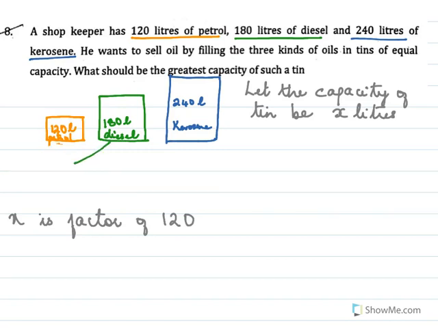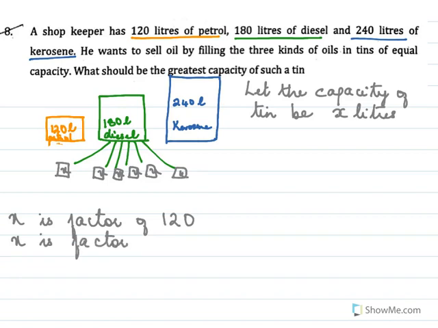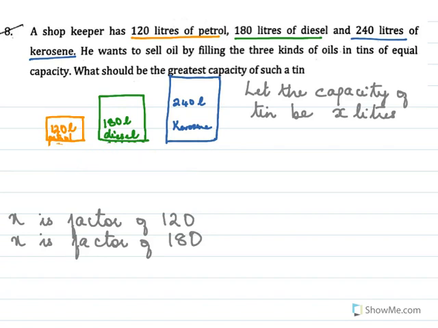Then he takes the diesel and also packs it up in many little tins. We don't know how many, but we know each tin has capacity X. He pours this in different tins of X, X and X. So again, X is also a factor of 180. Last is time for him to pack his kerosene up.